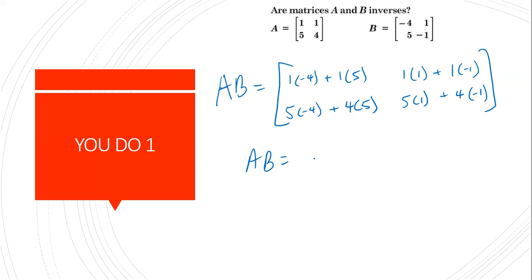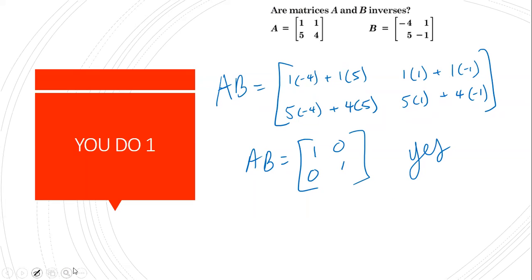So AB equals, we end up with -4 plus 5, 1 plus -1, -20 plus 20, and 5 plus -4. What does that mean? Yes, they are inverses. Cool?